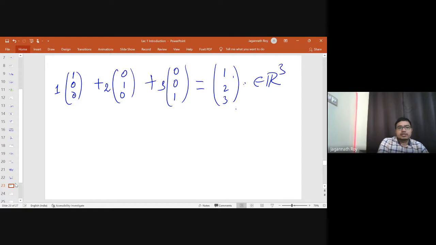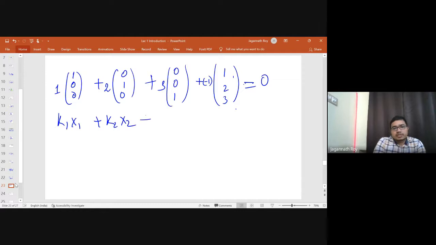Now if you take this vector to the left hand side, then what will happen? This becomes 0. So if you remember, k1 x1 plus k2 x2 plus k3 x3 plus k4 x4 becomes 0.